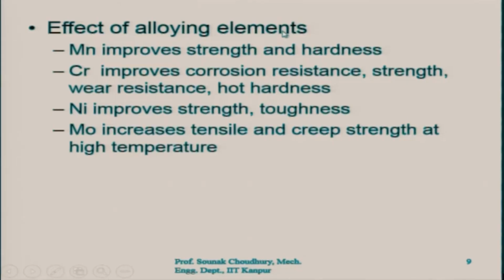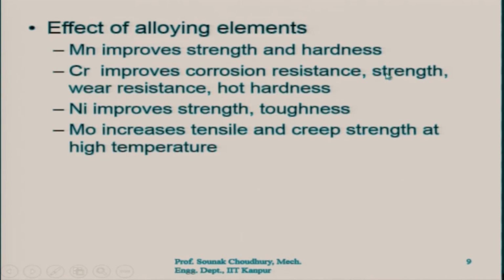However, as you understand, alloy steels will obviously be costlier than carbon steels. Now, the effect of alloying elements: manganese, for example, improves strength and hardness of the material. Chromium improves corrosion resistance, strength, wear resistance and hot hardness.